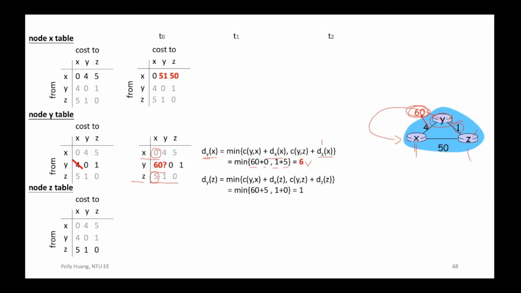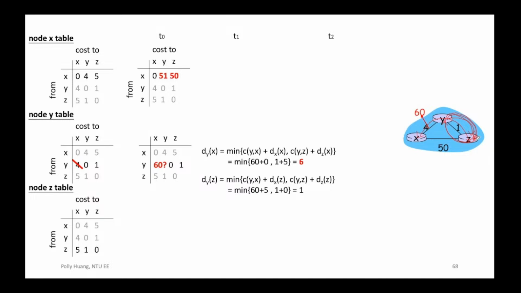So y is going to pick, saying to go to x, let me send it to z first. And then z says, I know a way to x, which is the old impression, this way. So you see the packet is going to go y to z, z to y. But y is going to say that, hey, to go to x, you need to borrow z as the middle point. So that packet is going to loop around between y and z for a while.